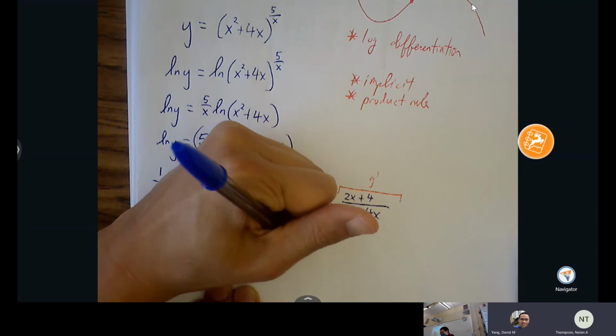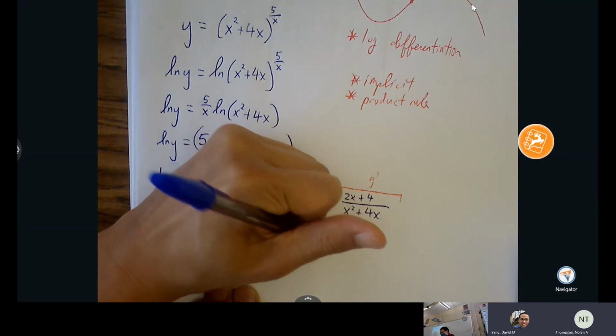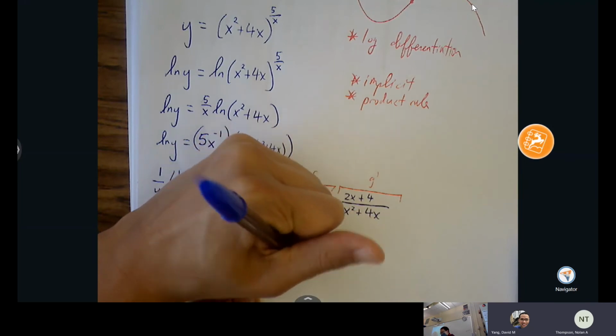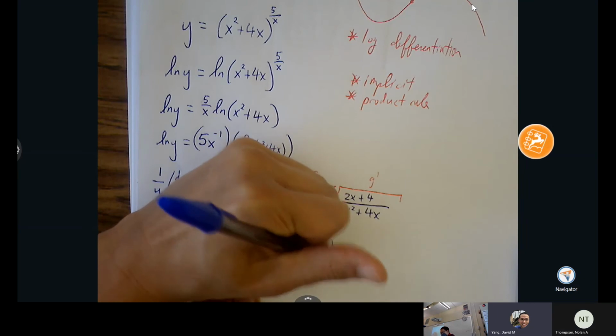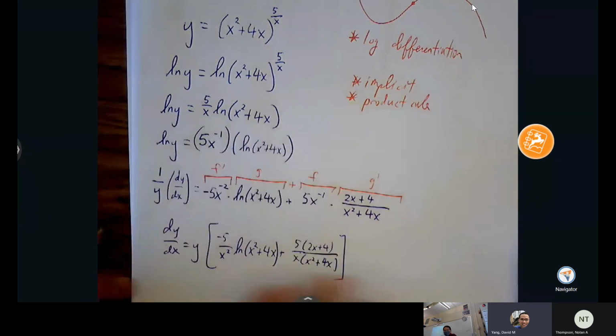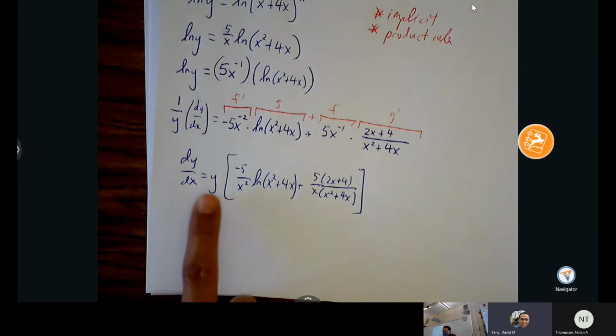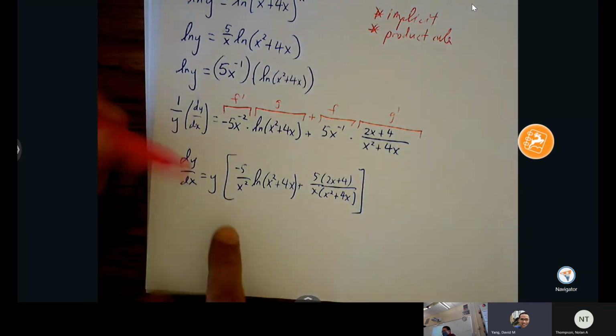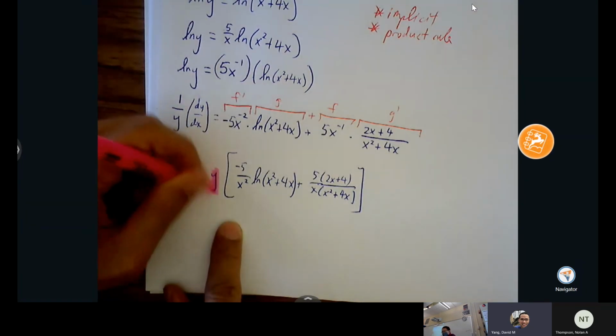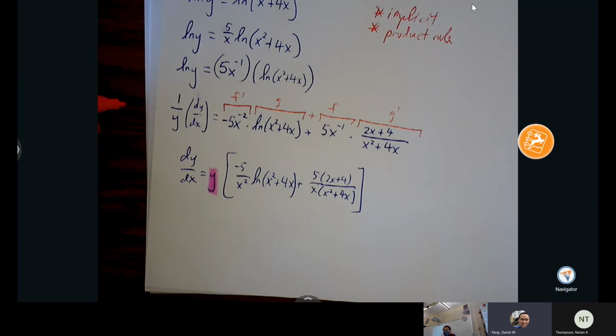Do we have to simplify the equation? No, you don't. It's just a habit for me to look for ways to clean up if I can, but you don't have to. Okay, what's the final thing we do here? I've got a better thing than y here. What can I put instead of y?